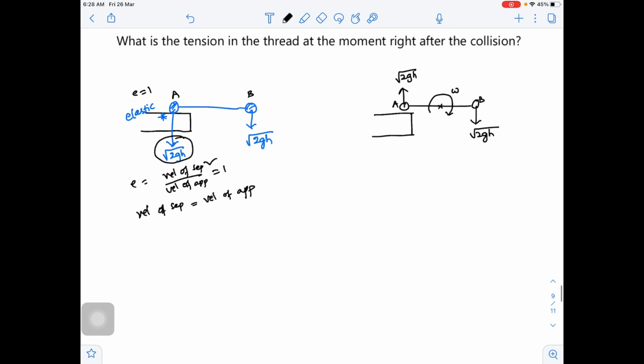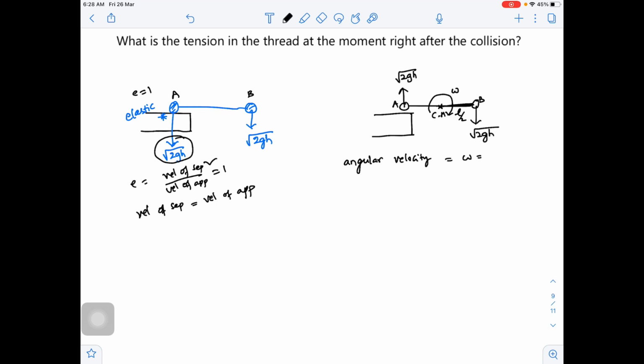So now we can find out the angular velocity. What is the angular velocity of the dumbbell or given system? The velocity here is root 2gh, and this length is L by 2. Obviously the center of mass will be at rest here because equal and opposite velocities are there. So the center of mass will be the center of rotation for that instant, the instantaneous axis of rotation.